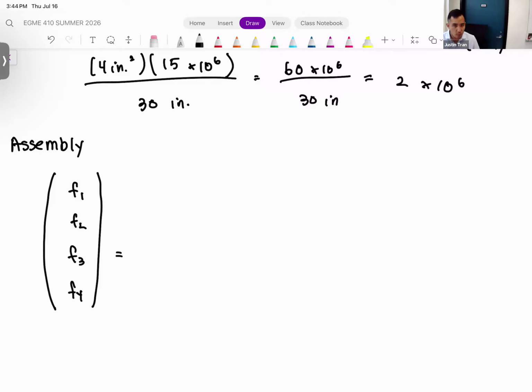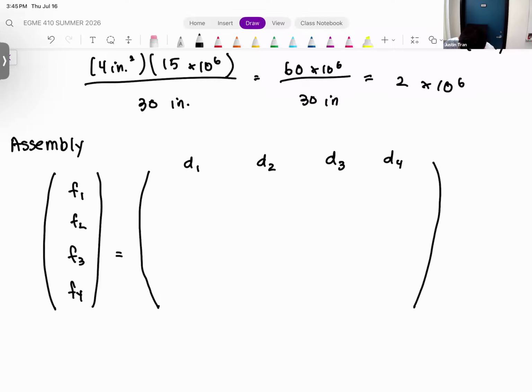We're going to start with 4 rows: F1, F2, F3, F4. And then our matrix portion is going to be a 4 by 4 matrix. Just like before, I'm going to label the columns, and then the rows are going to be over here as well.